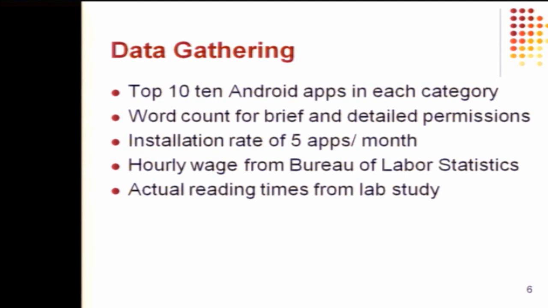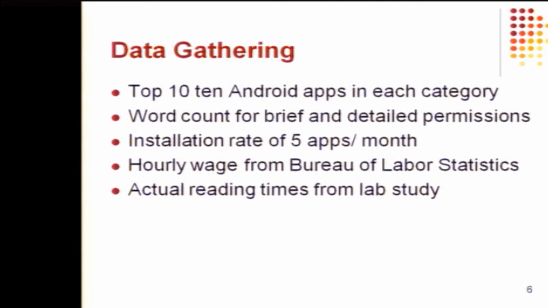For obtaining the data from the Play Store, we selected 10 applications from each of the categories on the Play Store. These categories were selected assuming that more and more people encounter these permissions. The word count for both, how many apps was that in total now? That was around 215 applications.